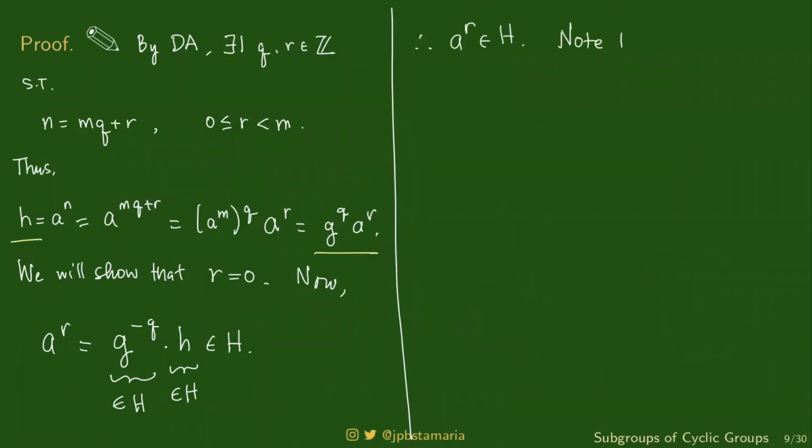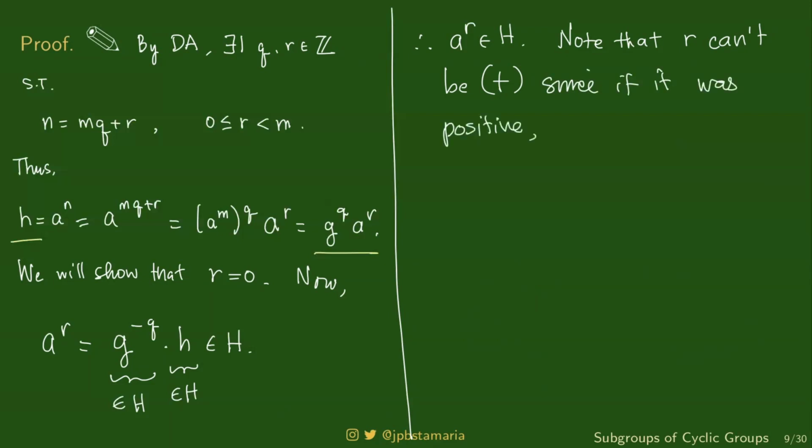Note that r can be positive. Since if it was positive, what would happen? It's not 0 but less than d. Actually, m. The divisor is m. If it were positive, it would be smaller than m, but a to the r is in h.